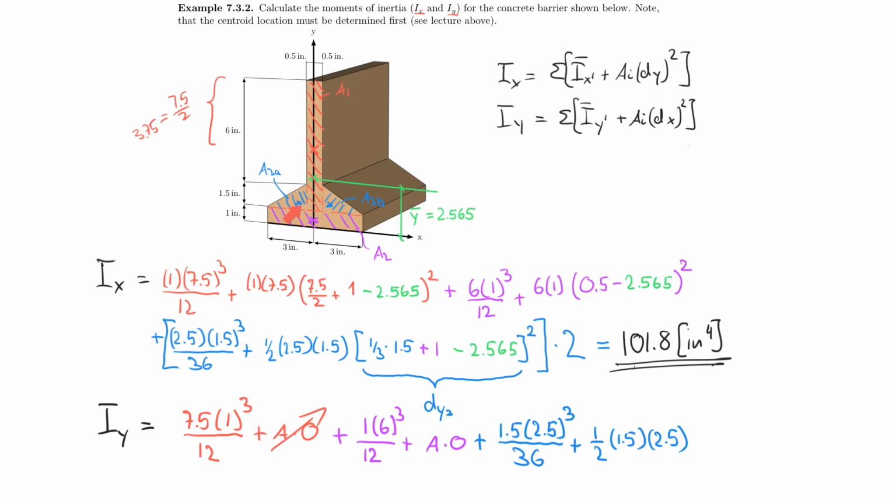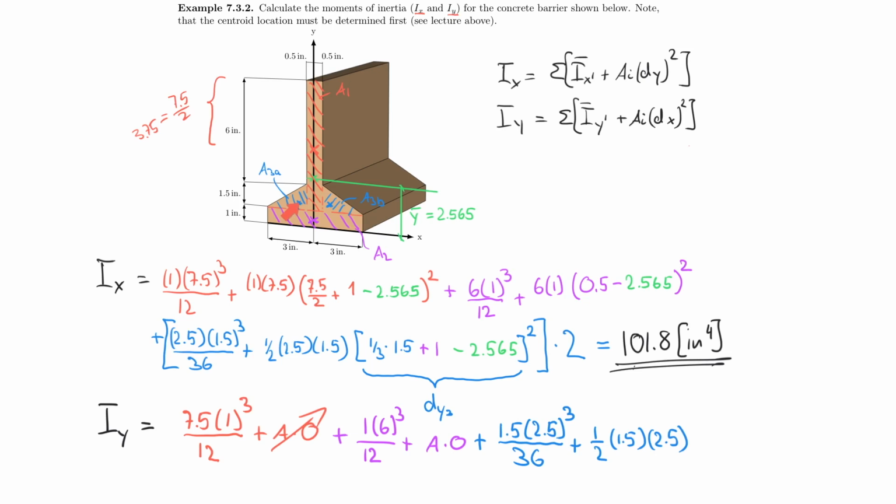What do I need? Technically, I need two distances, the one from here to here and the one from here to here. But keep in mind that my distance is squared anyways, right? So if it's a negative number, which it would be here for A3A, I square it and it becomes positive, which makes it identical to the one here on the right side for A3B. So I only worry about one, but let's take A3A.